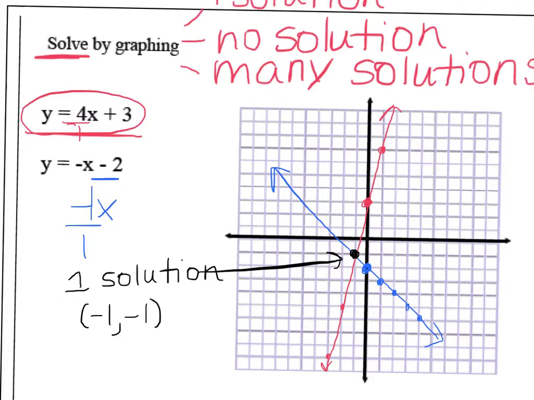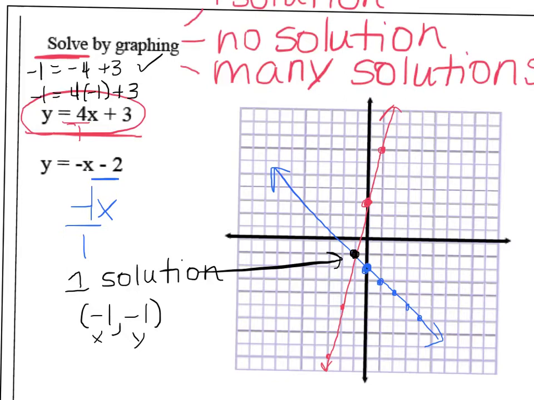So to check your answer, if you plug in negative 1 for x and negative 1 for y, both equations should work. So up top with the red one, I'm going to put negative 1 equals 4 times negative 1 plus 3. I'm going to check to see if it works. Negative 1 equals negative 4 plus 3, and it checks out.